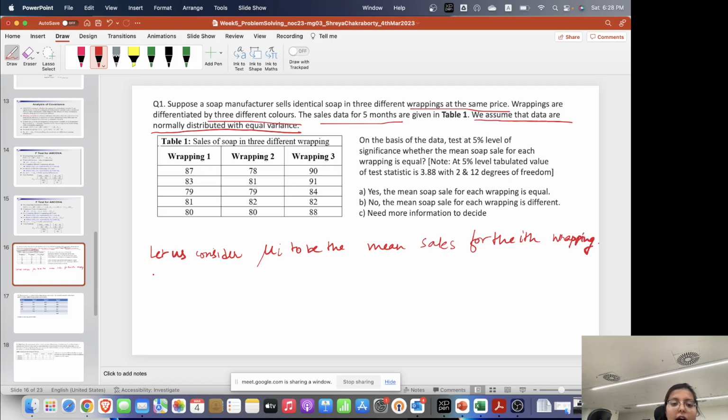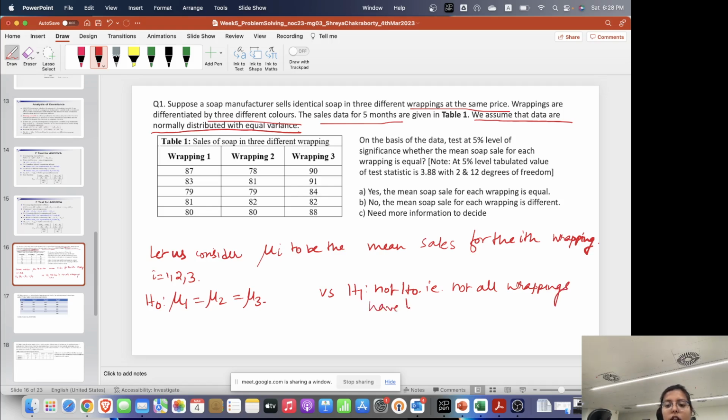Here we have i going from 1, 2 and 3. Okay. So, our H naught is mu 1 equal to mu 2 equal to mu 3 versus H1 is not H naught, that is not all wrappings have the same mean.